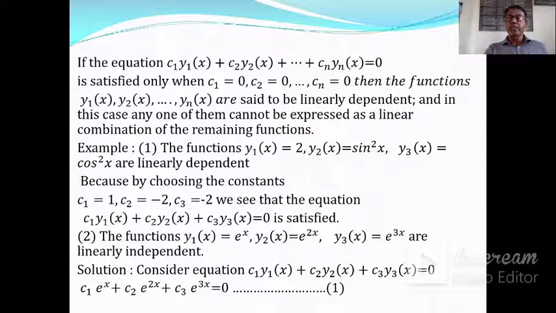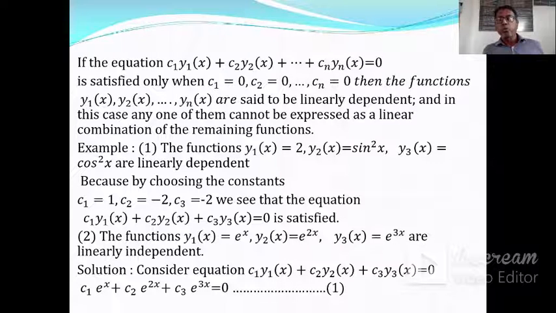Now in this equation 1, we want to find the values of C1, C2, C3. For this purpose, as the first step, we divide equation 1 by e to the power x.